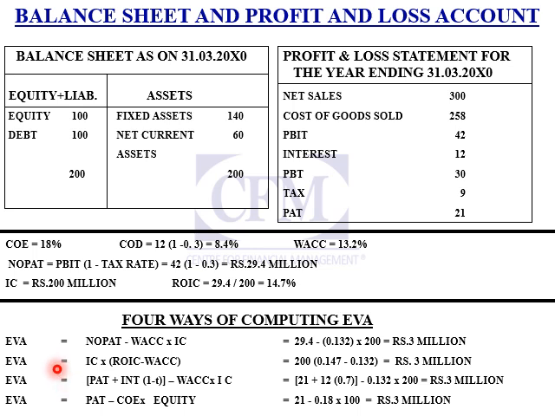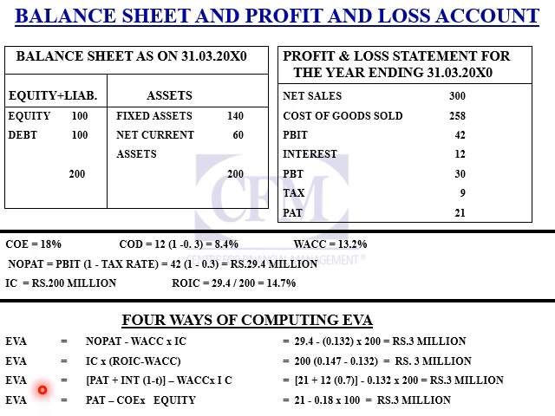The second way of calculating EVA is invested capital multiplied by the spread between ROIC and WACC. 200 million multiplied by the difference between 14.7% and 13.2%. This also works out to 3 million.